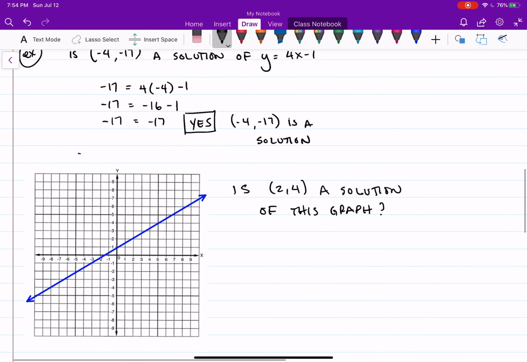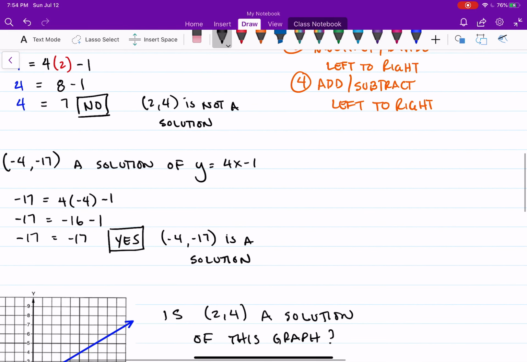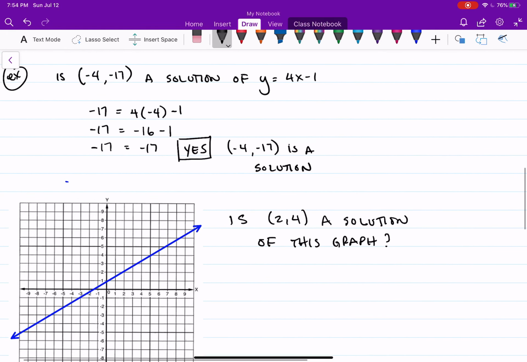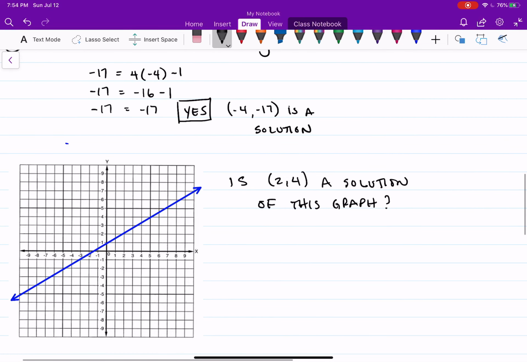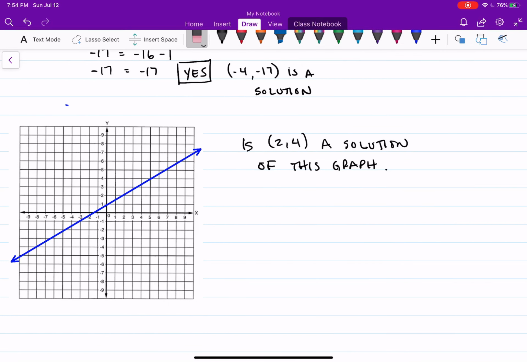So the first thing was, give me a point and an equation, and see if that's a solution. Second way is that they can give you a graph and ask you if a point is a solution.